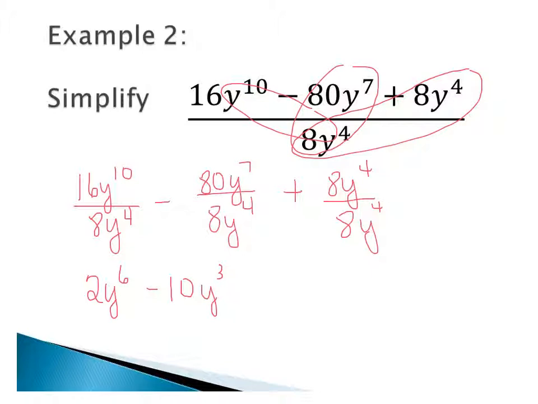And then in that last fraction, 8 divided by 8 is 1. And y to the 4th divided by y to the 4th is y to the 0th, or also 1. So altogether, our final answer is 2y to the 6th minus 10y to the 3rd plus 1.